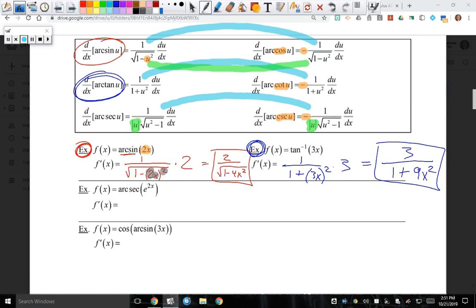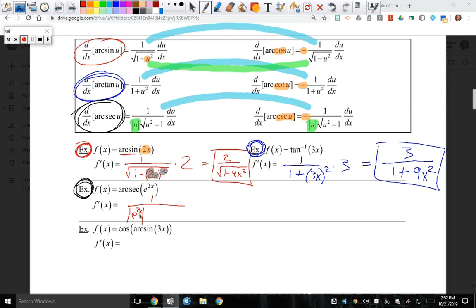So f of x. Let's do this one. Arcsecant is this one. Here we go. So this one is going to be 1 over the absolute value of the stuff. Okay?